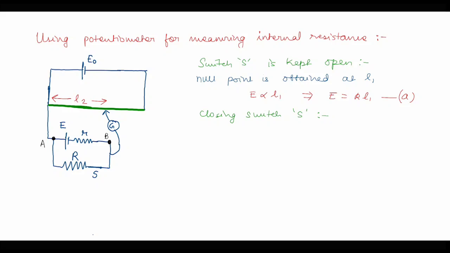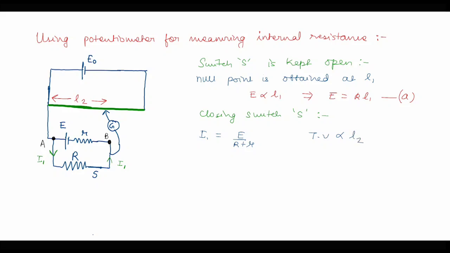So in the lower circuit, I am considering that current I1 is flowing. If I1 current is flowing in this lower circuit, we can calculate I1 as E upon R plus small r. So this is the value of current in the lower circuit, and we say that the terminal voltage is proportional to L2.